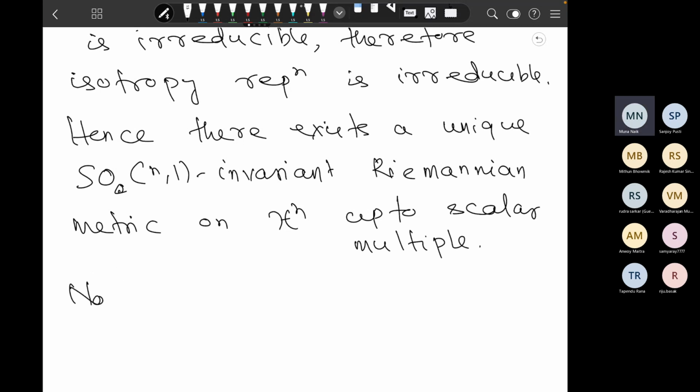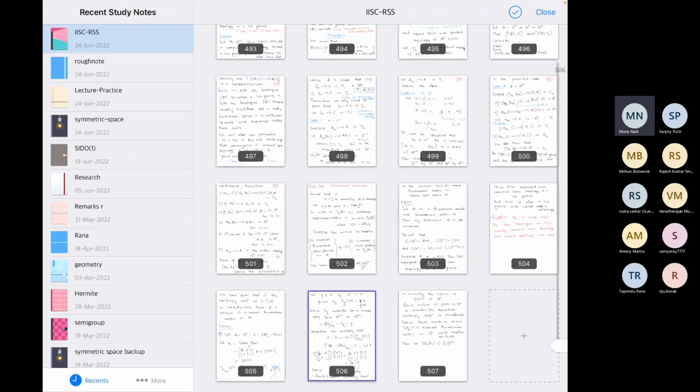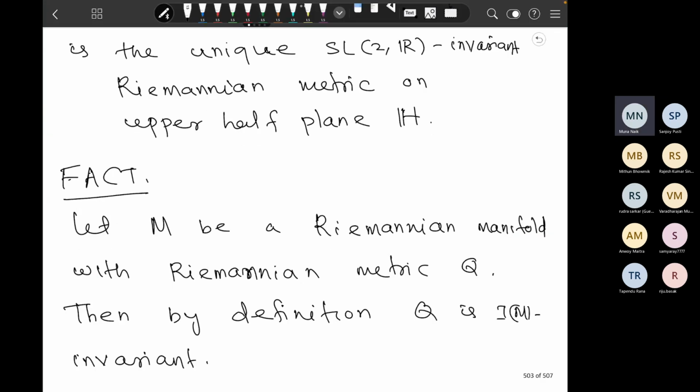Now, as this SO_0(n,1) is a subset of Iso(Hn), and I have given you this, there is a fact in the beginning. I have told you a fact. So what is that fact?